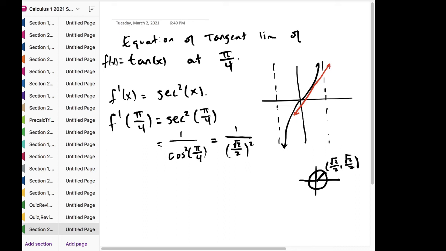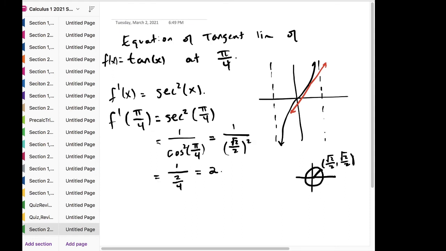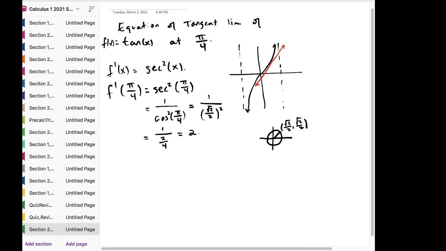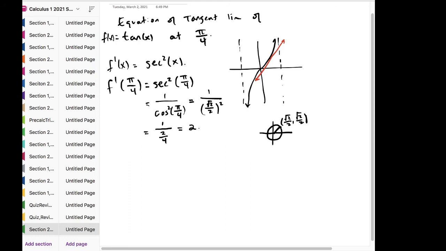Okay, what happens if you square that? You get 1 over 2 over 4. Oh, and look, it's 2. So that's why I chose this one. Okay, so that's the derivative. What else do you need for the equation of a tangent line?